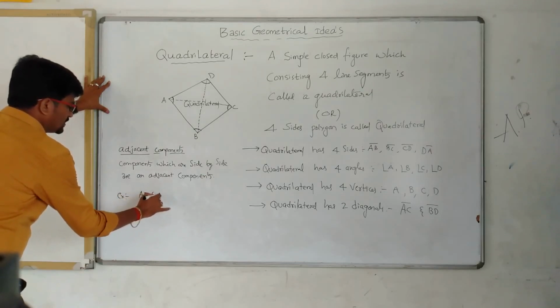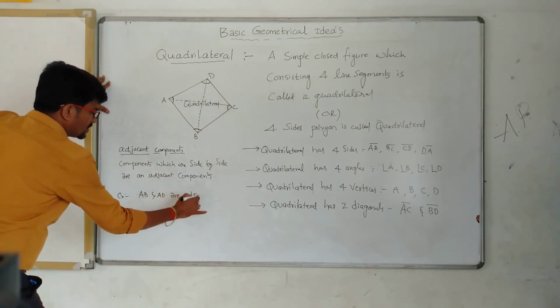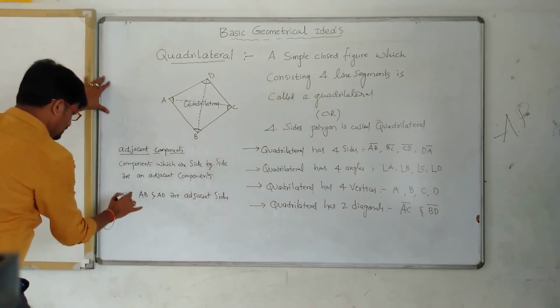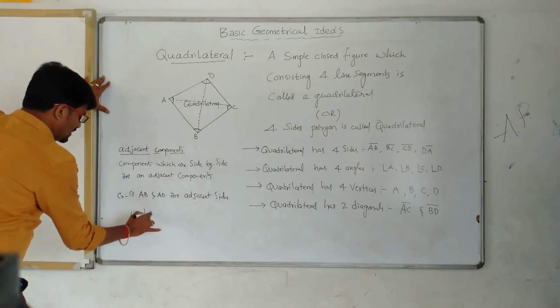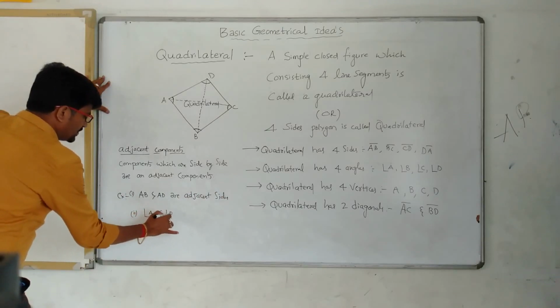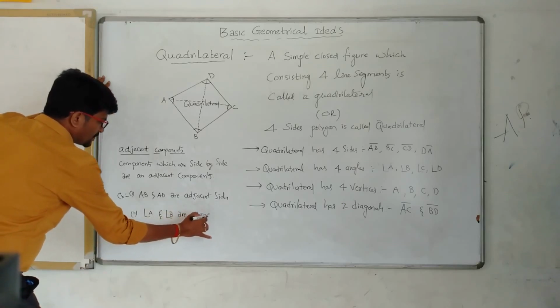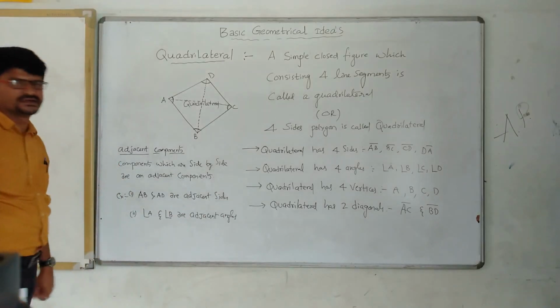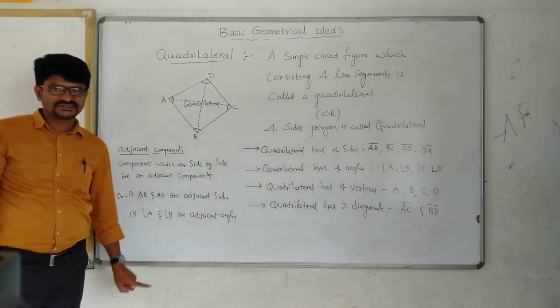AB and AD are adjacent sides, and angle A and angle B are adjacent angles. Adjacent angles. Clear? By this you can now identify which are adjacent.